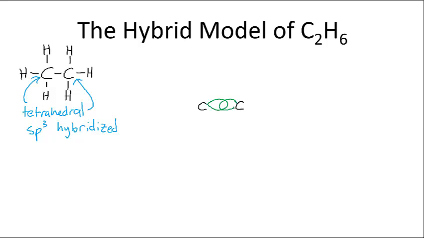For simplicity's sake, I'm not going to draw the little parts of the hybrid orbitals. So they have the big lobe and then that little tiny part. I'm not going to draw the little tiny parts because they're not going to be important to the bonding. So here I have in between the two atoms a sigma bond from a carbon sp3 plus another carbon sp3.